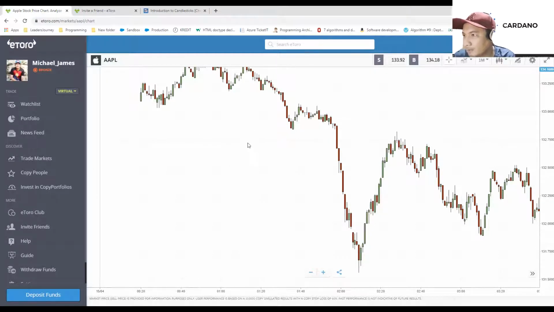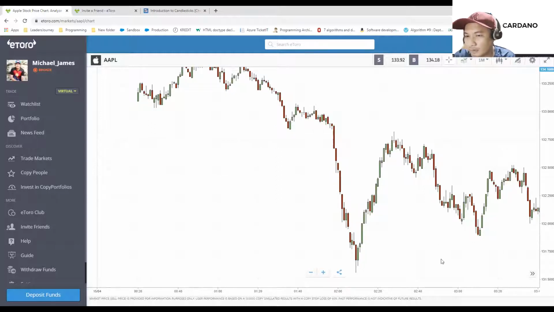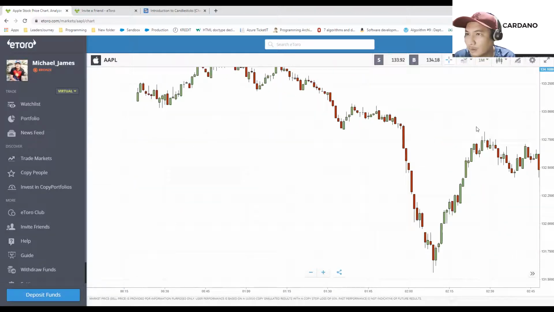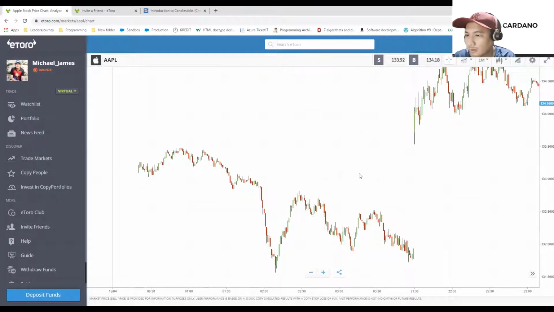From 1 a.m. to 3 a.m., 1, 2, 3. The price fluctuated, right? So it's not fixed. It changes from time to time. Sometimes it goes up, sometimes it goes down, like what the red is indicating. Most of the time it went down.